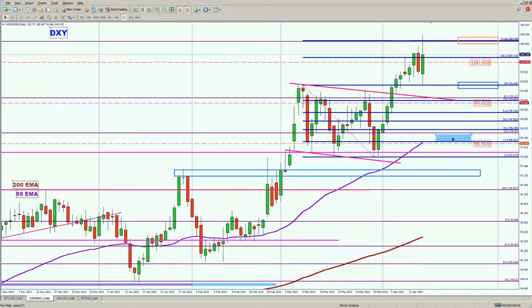Let's move this up slightly to this support level here, just above the 98, where the daily 55 is climbing up to.